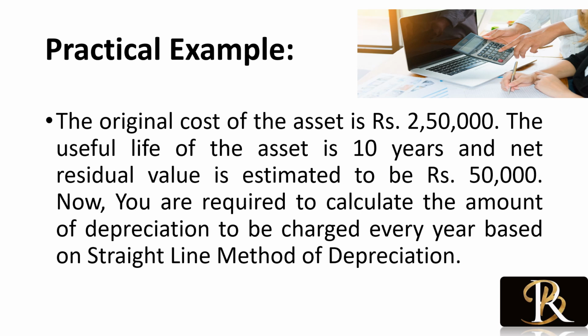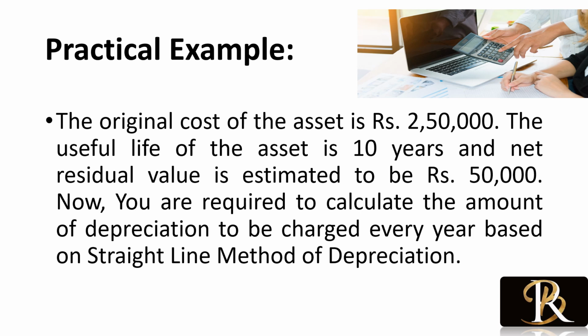Details are the original cost of the asset is rupees 2,50,000. The useful life of the asset is 10 years and the net residual value is estimated to be rupees 50,000. Now you are required to calculate the amount of depreciation to be charged every year based on the straight line method of depreciation. So let's start the solution.